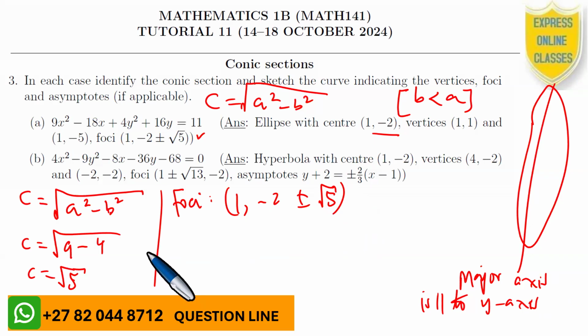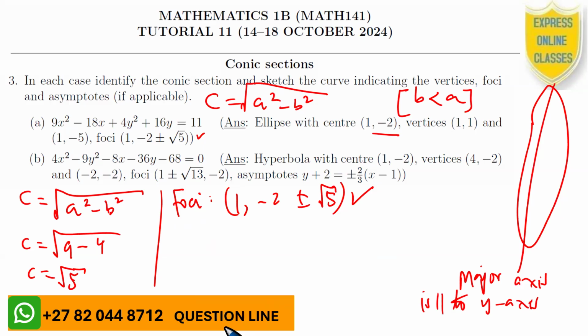So that becomes the answer. These become the foci.